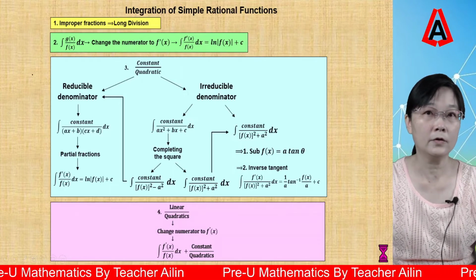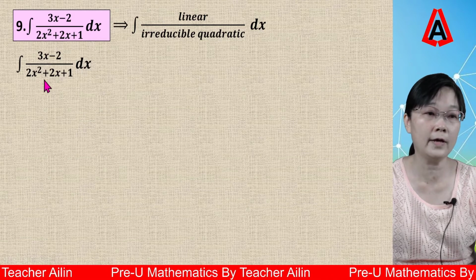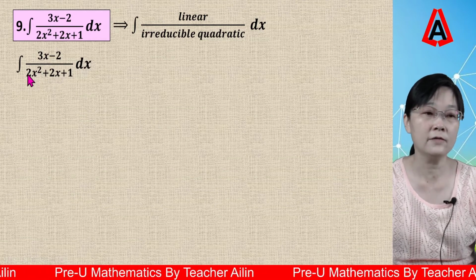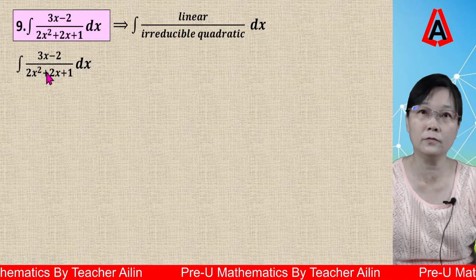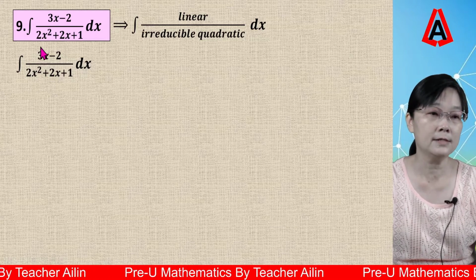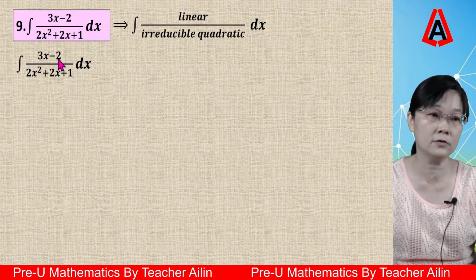So now I'm going to change the numerator into 4x plus 2 because 4x plus 2 is the derivative of the denominator. But notice that the numerator here is 3x minus 2.